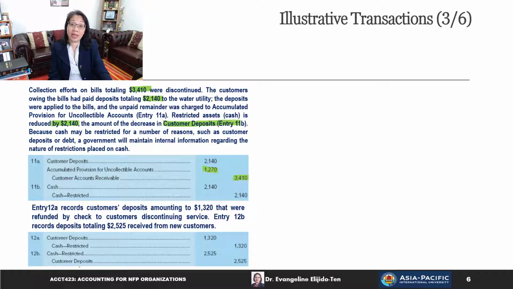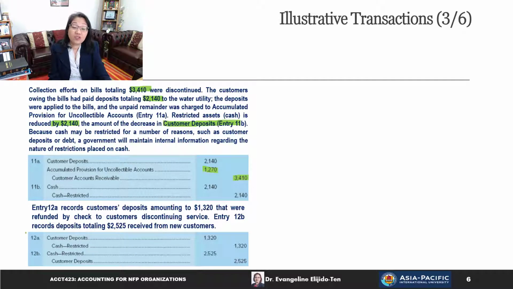We'll just debit customer deposits 1,320 to reduce that liability and credit cash restricted for 1,320 because customers' deposits, even though it's in cash, are actually restricted for the repayment or reimbursement of customer deposits. So we are crediting cash restricted here.